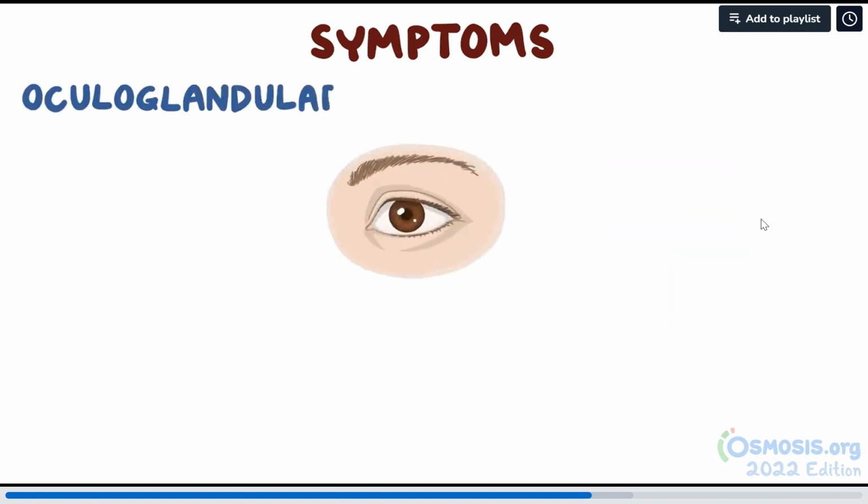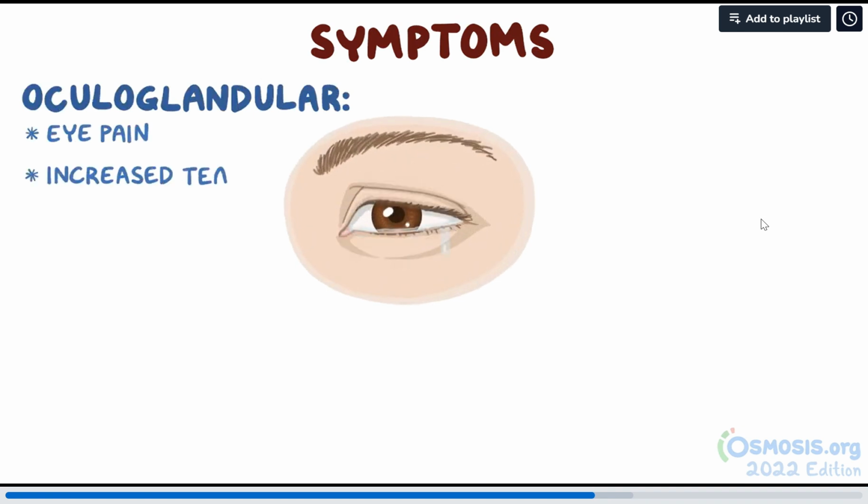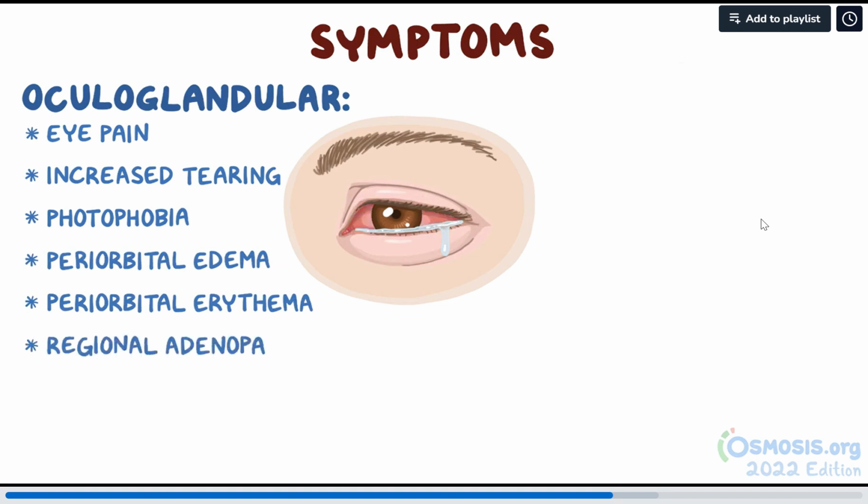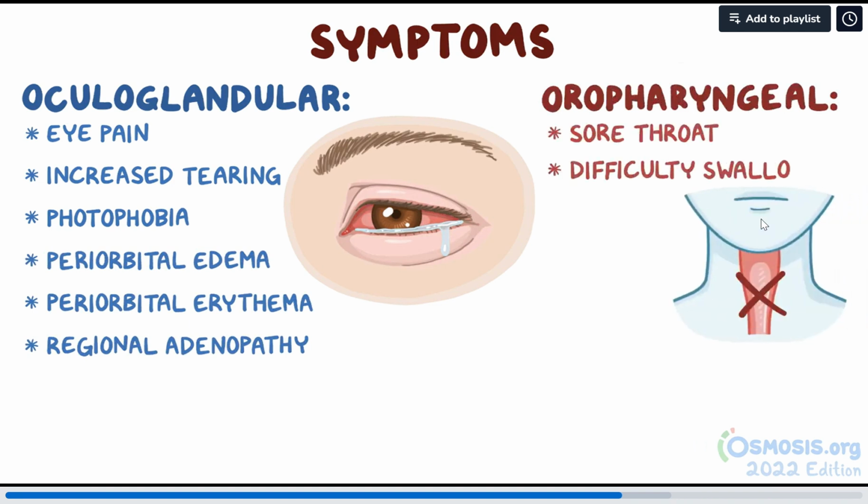With the oculoglandular form, there's eye pain, increased tearing, photophobia, which is eye pain due to light exposure, periorbital edema, which is swelling around the eyes, periorbital erythema, which is redness around the eyes, and regional adenopathy. With the oropharyngeal form, symptoms include a sore throat, difficulty swallowing, and cervical lymphadenopathy.